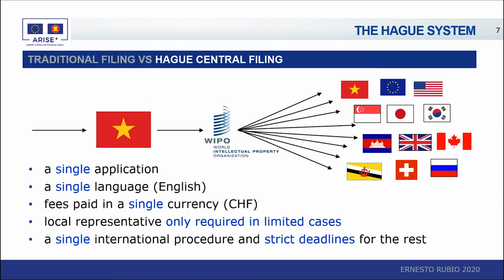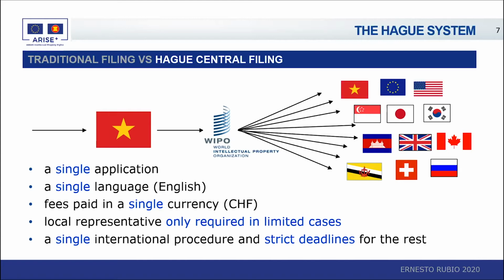The advantage of using the Hague System, instead of following the traditional filing route country by country, is that the applicant needs to file only one single application instead of several different applications in different offices, in only one language instead of several languages. And it has to pay fees in one single currency instead of different currencies.